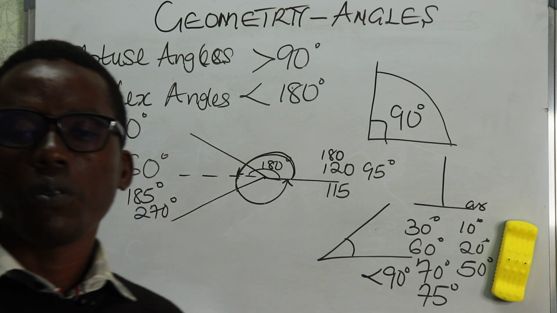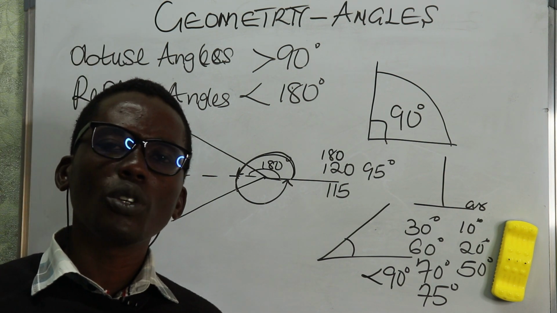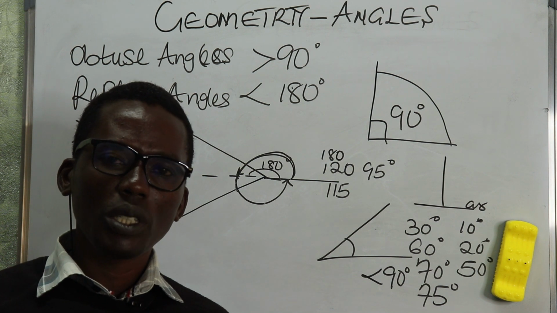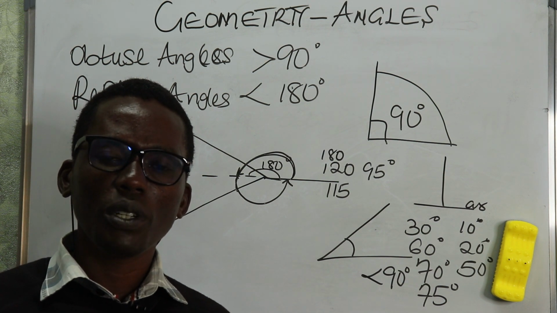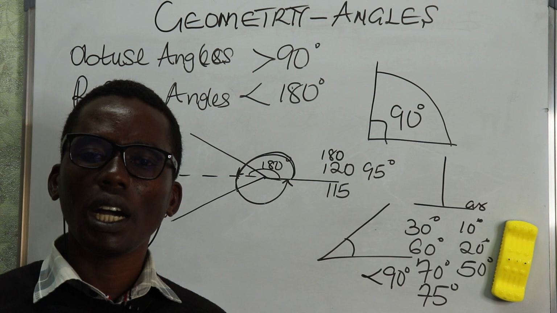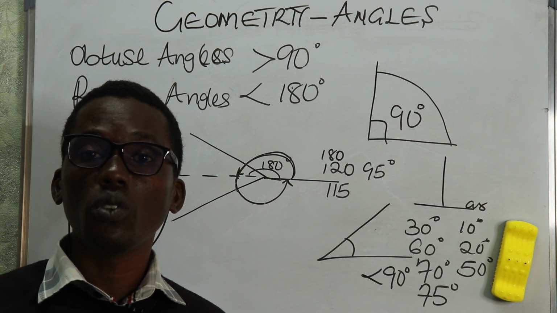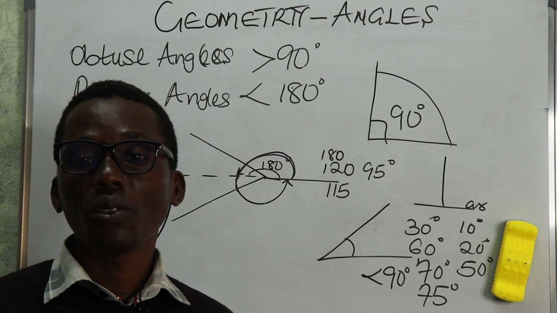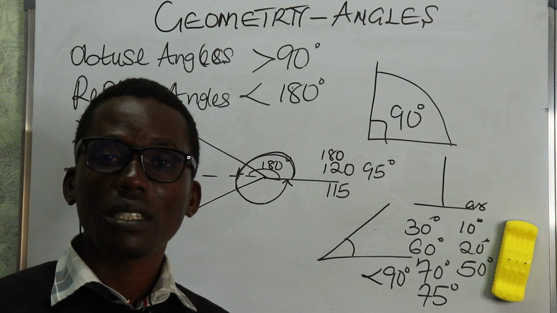Under angles, we can also have adjacent angles. Adjacent angles, as we discussed in our previous videos, are angles that are adjacent or next to one another. When angles are next to one another, they are called adjacent angles.